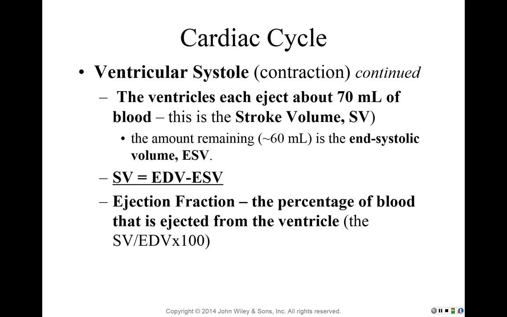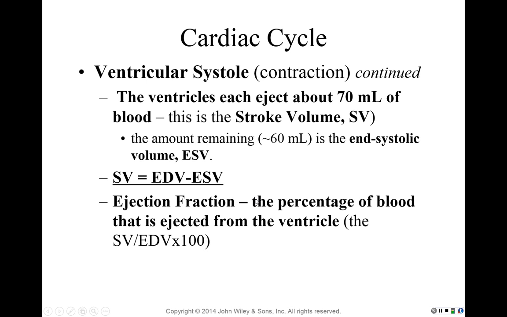So here's our first real calculation. Stroke volume, SV, is equal to the end diastolic volume, EDV, how much was in there right before the ventricles began to contract, minus ESV, the amount of blood left in the ventricles after they have contracted.